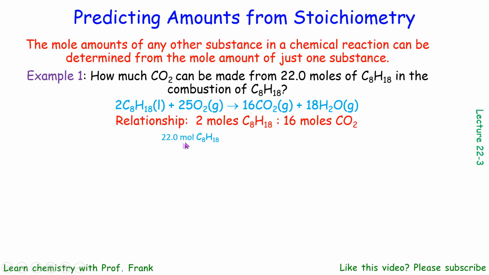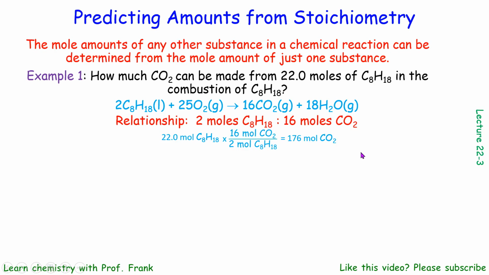We have 22 moles of octane. We are converting from moles of octane to moles of CO2, and then use the coefficients in this balanced chemical equation to come up with this conversion factor. Then after that, we have 176 moles of CO2.